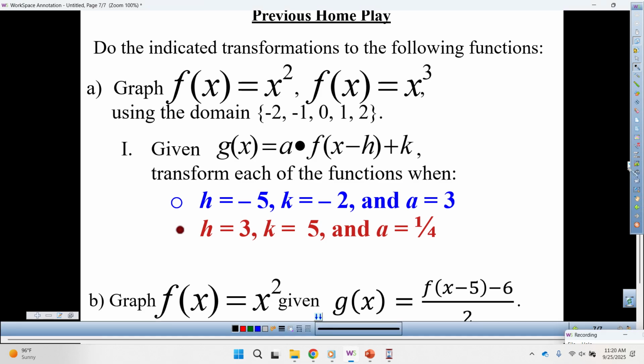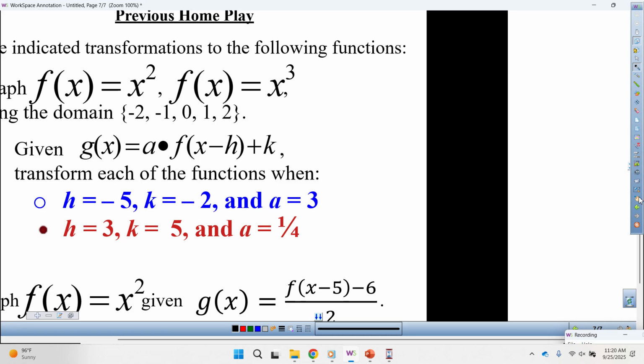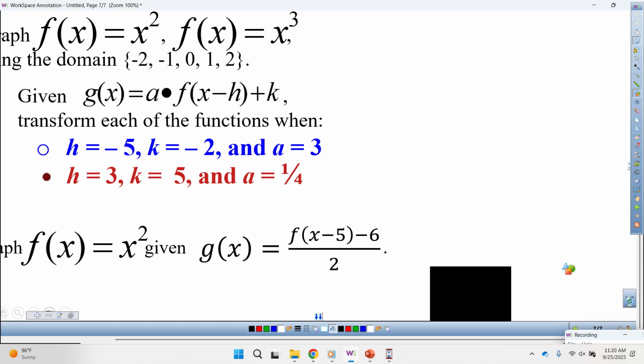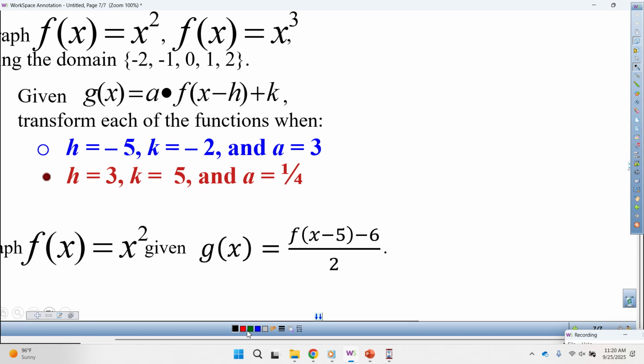Let me make some space here. So the blue one, if you write this in blanks, you get g of x equals blank times f of x minus blank, squared plus blank.